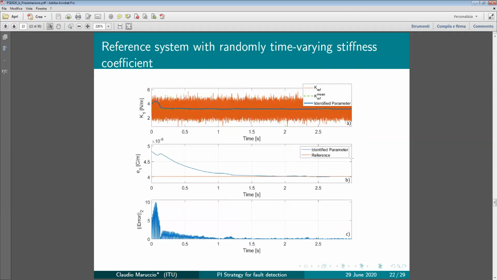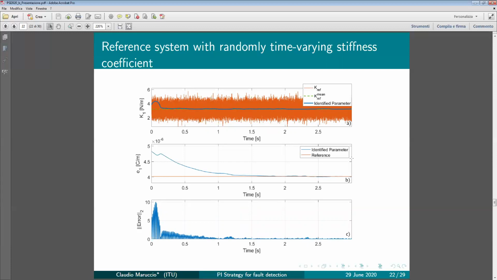The procedure is stable also in presence of randomly time-varying stiffness coefficients. Again, there are filtering capabilities. You can see we consider a K stiffness of the real system affected by noise, and the reference value that is given by the mean, the green lines.